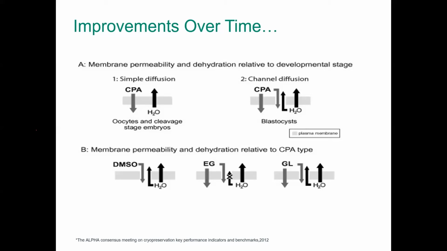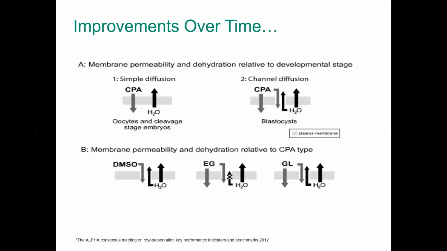So the degree of permeability of the permeating cryoprotectant is important to understand. And as I mentioned before, it's also related to the temperature. The oocyte is different from the embryos because every cell stage has a different surface to intracellular water volume ratio, and that is one of the things affecting the permeability.